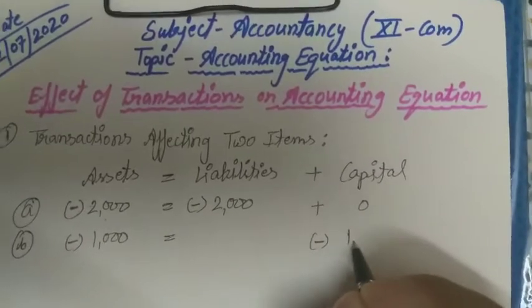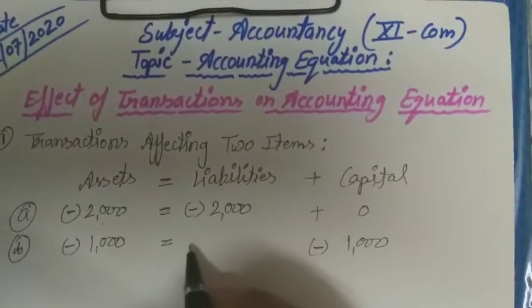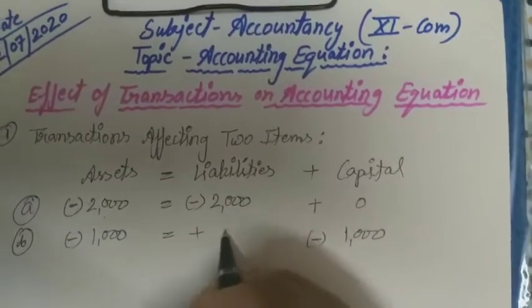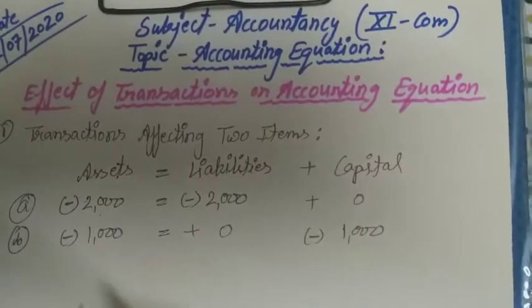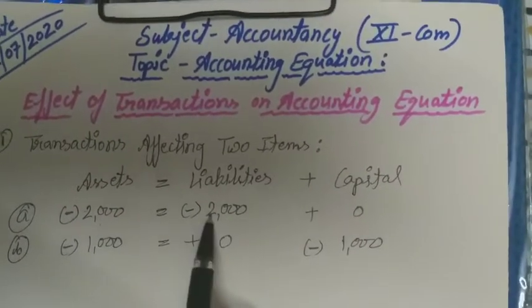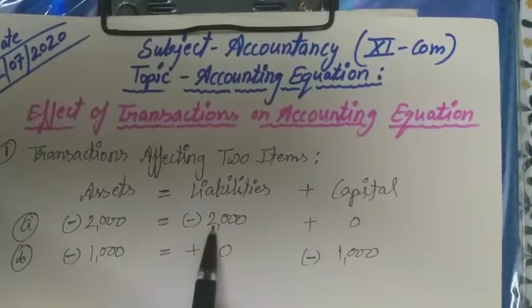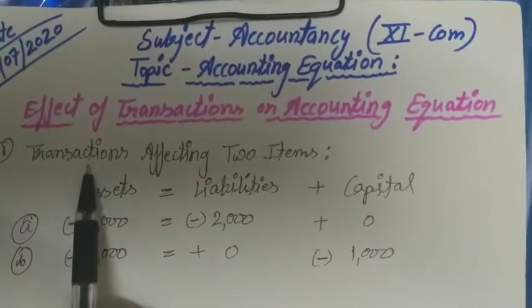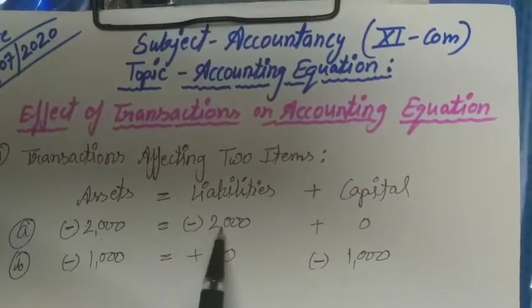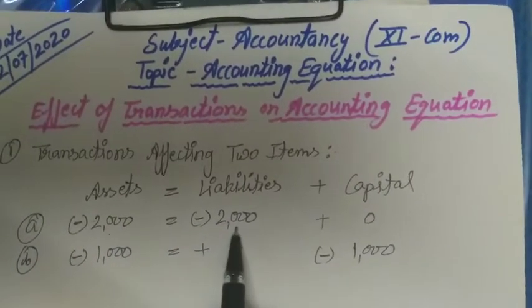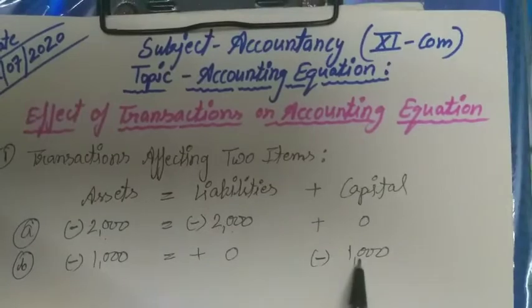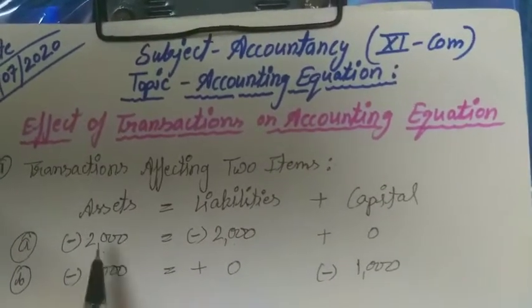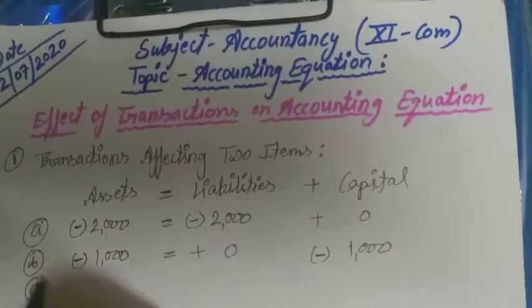So capital will be affected by 1000. No effect on liability. So only two items are affected by a single transaction in each case.